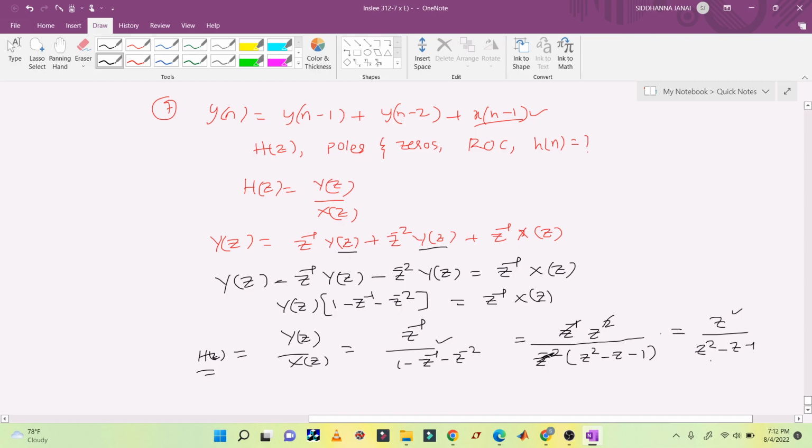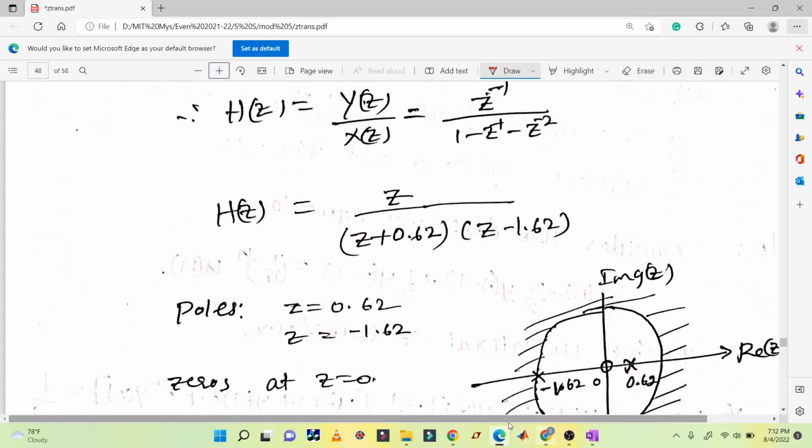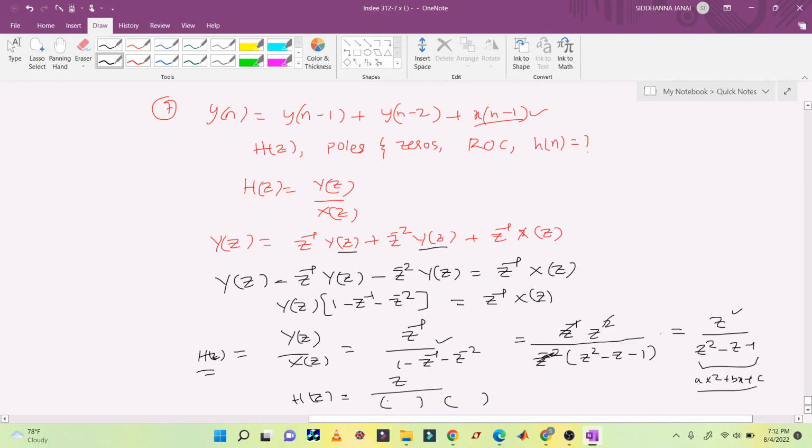Now this is in the form of a x square plus b x plus c, correct? So you need to find out the roots for this equation. When you find the roots, you will get z plus 0.62 and z minus 1.62.